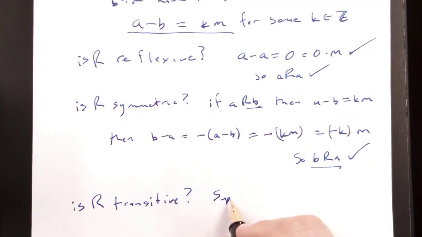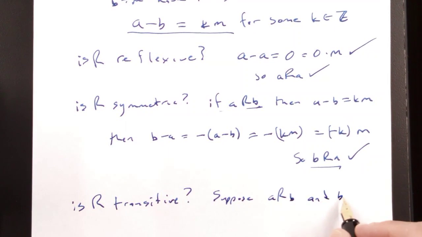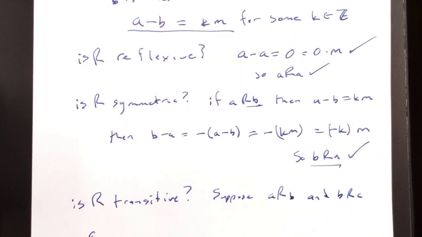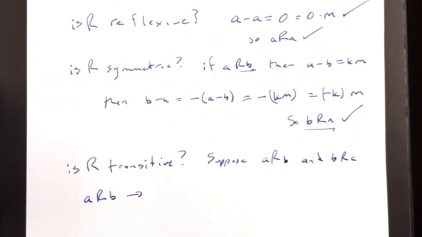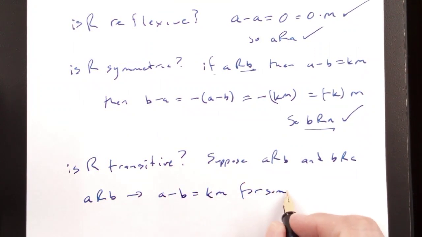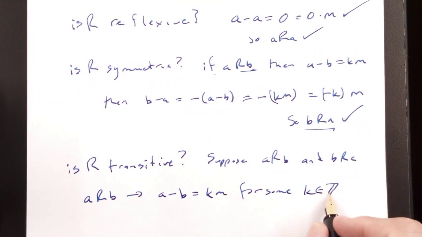Suppose A is related to B and B is related to C. So A being related to B means A minus B equals Km for some integer K.